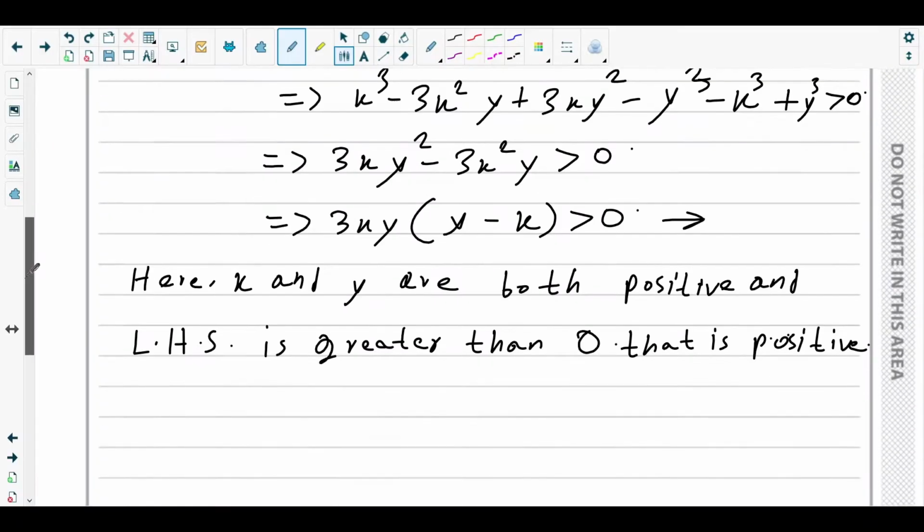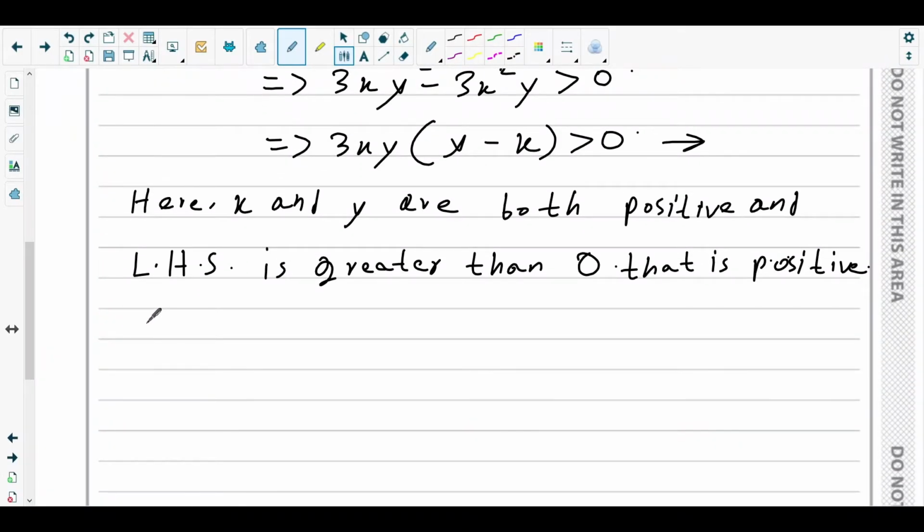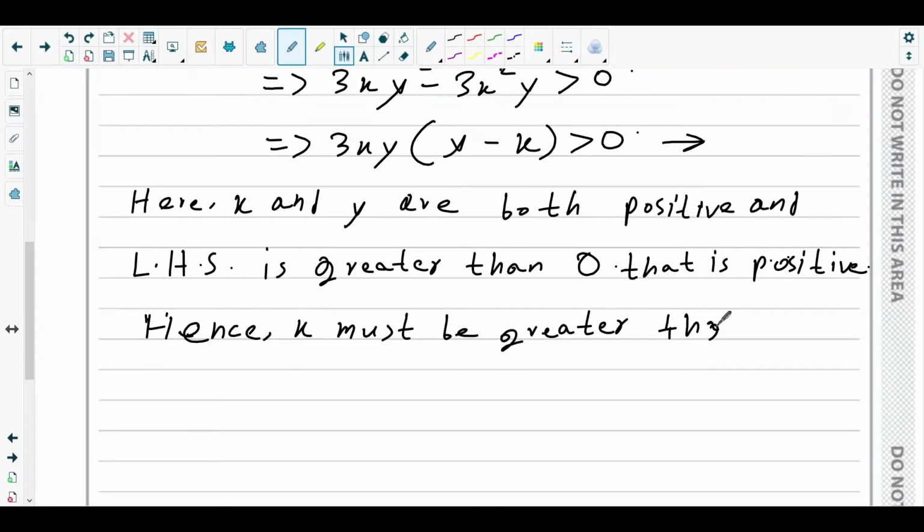So since the left hand side is greater than 0, hence y must be greater than x, because if y is not greater than x, then y minus x will give a negative value and the inequality will be false, isn't it?